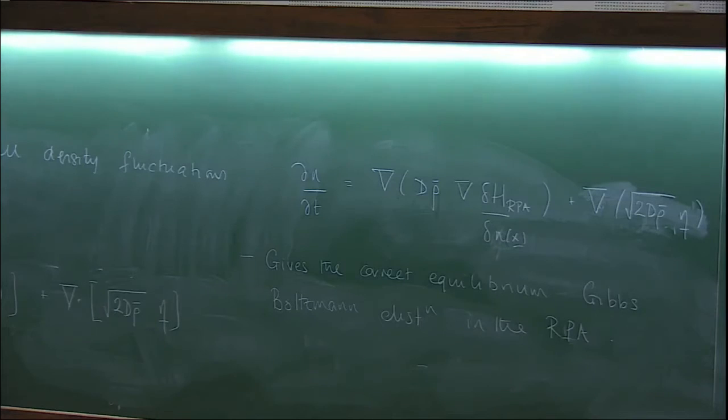I'm trying to think of other examples. If you do fluctuating hydrodynamics, there's a way of doing the Navier-Stokes equations with noise. This might be useful for Menon. It's quite easy to do in the limit of Stokes flow, where you linearize the Navier-Stokes equation and throw away the inertial term.